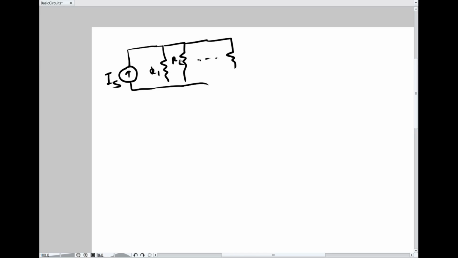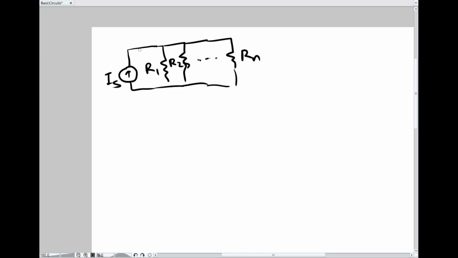So it's supposed to be a 2 here. This is not written very well. I know what I was supposed to write, but it may be impossible to read later on. And we'll call the last one R sub n. And these are all connected in parallel, and they're all supplied by one current source.